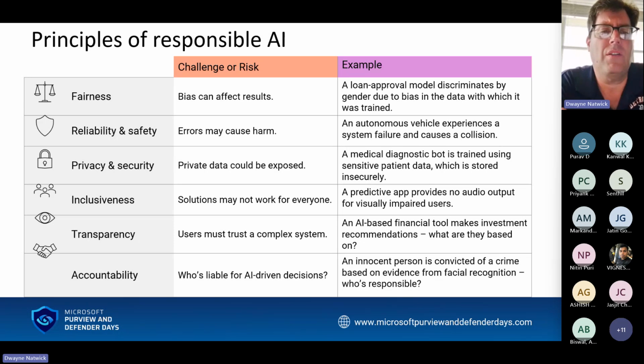Inclusiveness. We need to make sure that we have an inclusive nature to the utilization of AI.